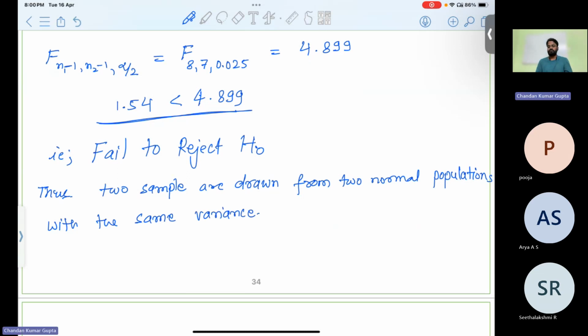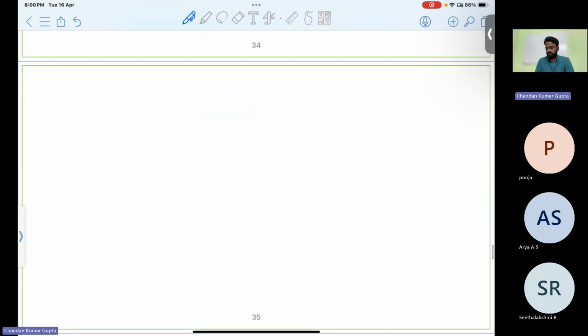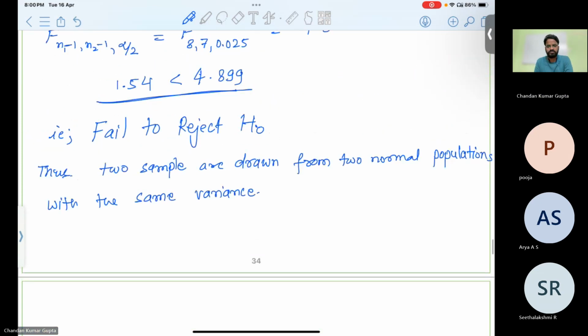Okay, so we conclude this. In a similar manner, there are actually 5 or 6 more questions, but unfortunately time is not there. So anyone who has any doubt may ask.